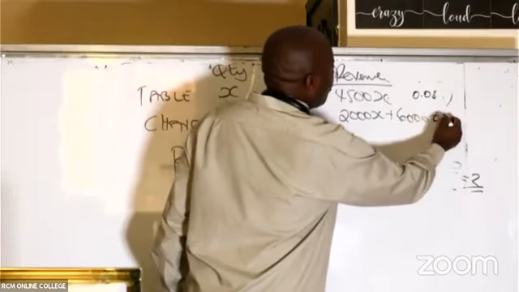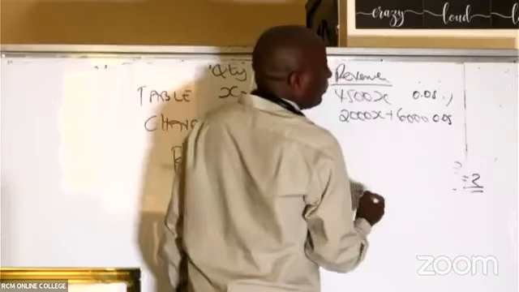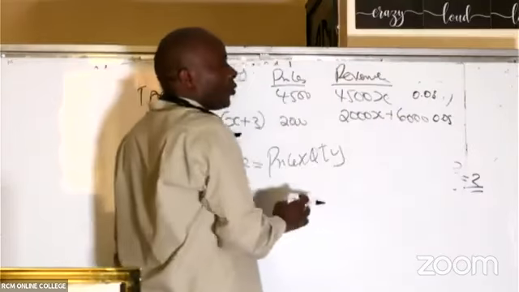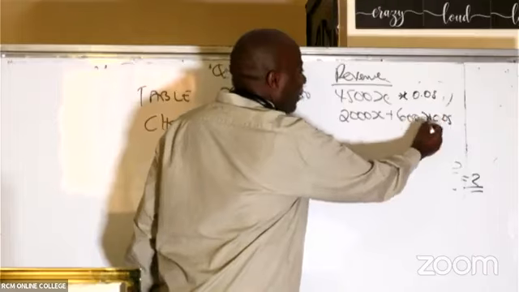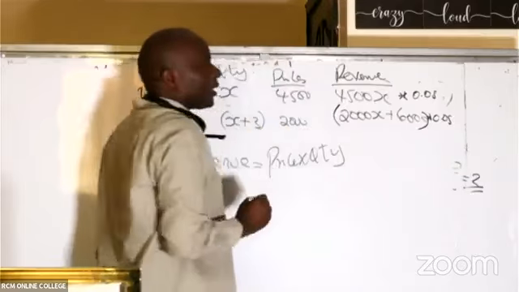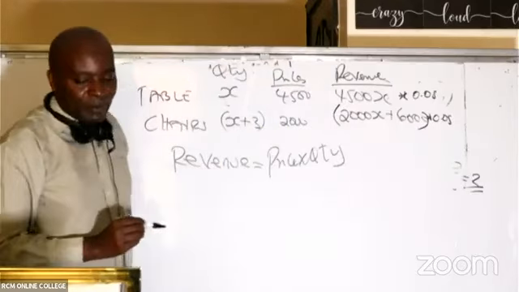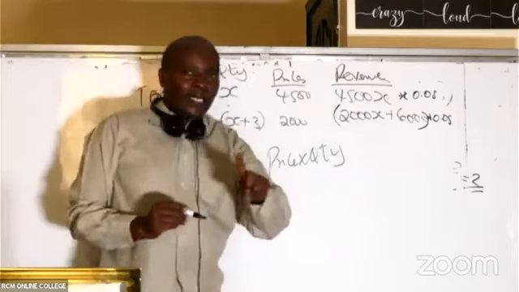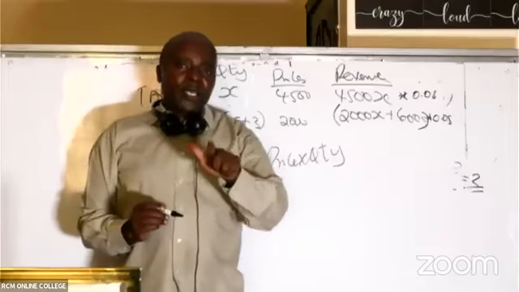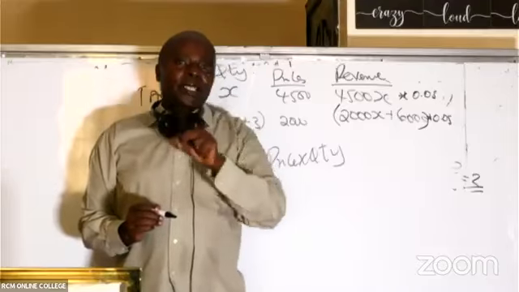This is 0.05. So this is 8% of the revenue. So then I'll be able to take these times. As I multiply, I know that those 2 must be put in brackets. Remember, 8% is 8 over 100, which is the same as 0.08.